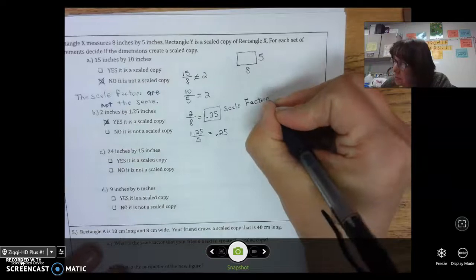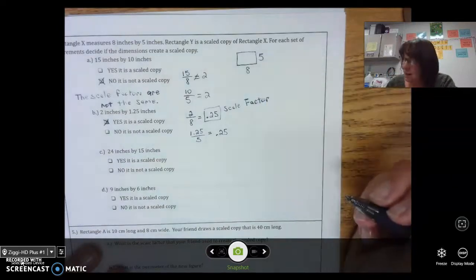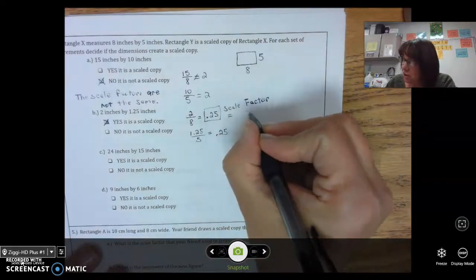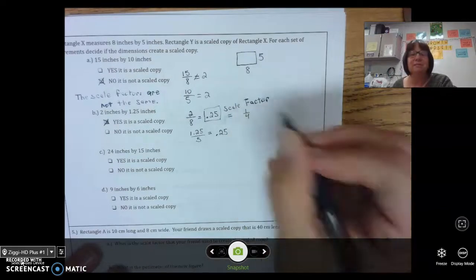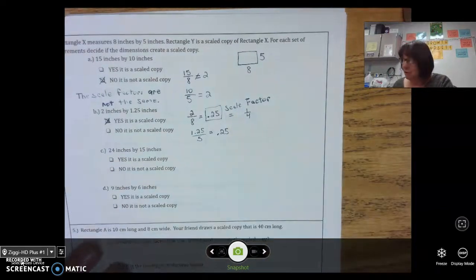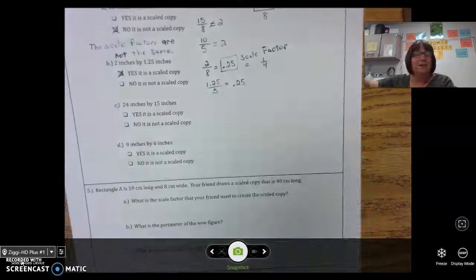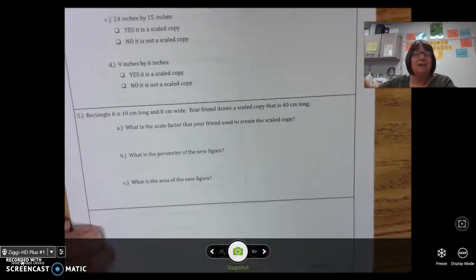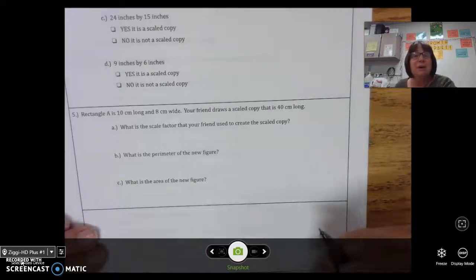Okay, who knows what fraction that is? That should be the same as the fraction 1/4. Okay, 0.25 or 1/4.